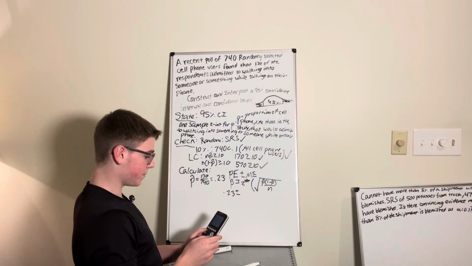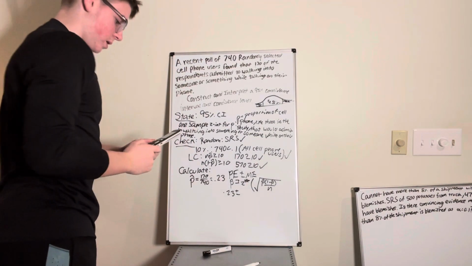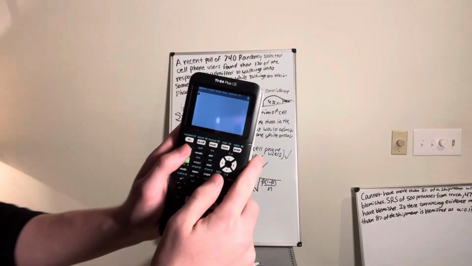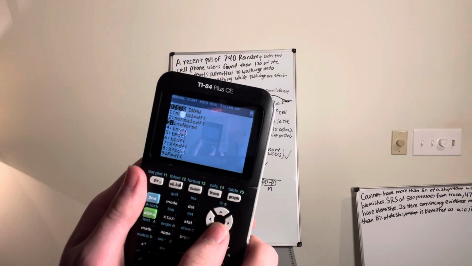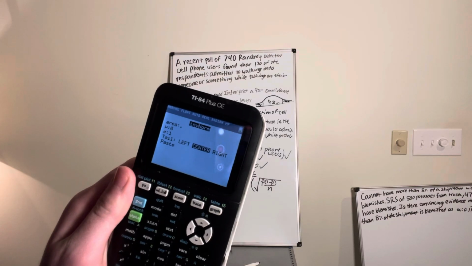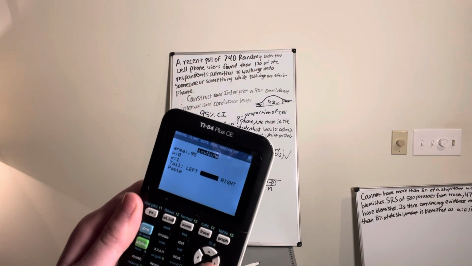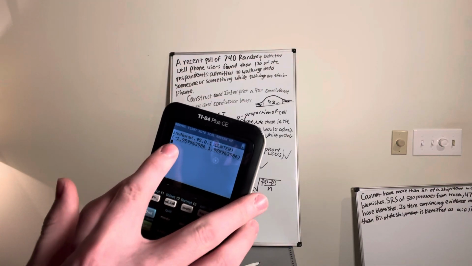And for that, you are going to go into your calculator. You'll go second, then down to inverse norm. If you have one of the new calculators, area 0.95, our confidence level, and it will be in the center. Then you paste, and you get 1.96, negative 1.96.